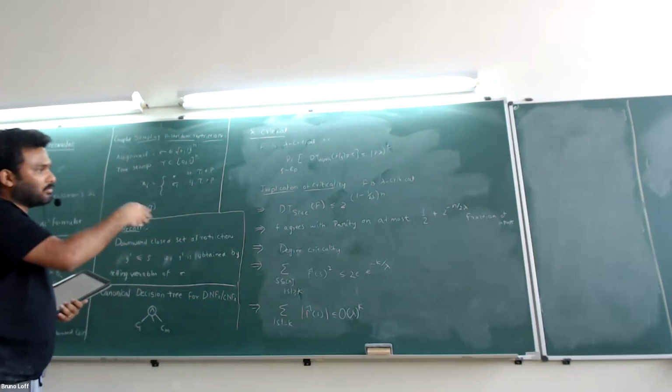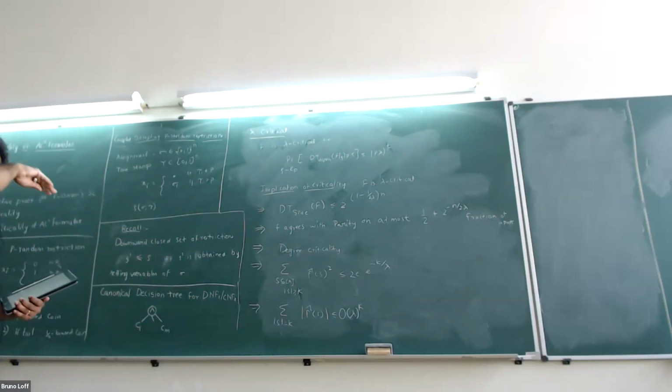So a criticality bound would imply all these things. On top of that, you would also get satisfiability algorithms.